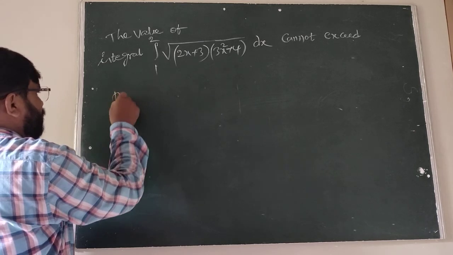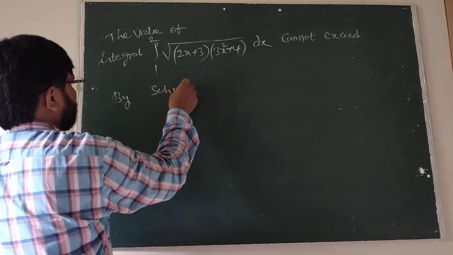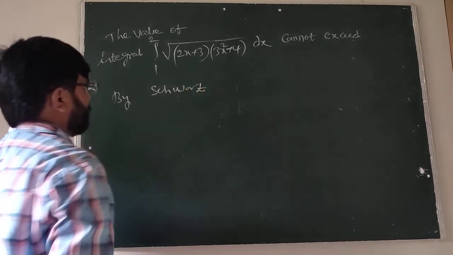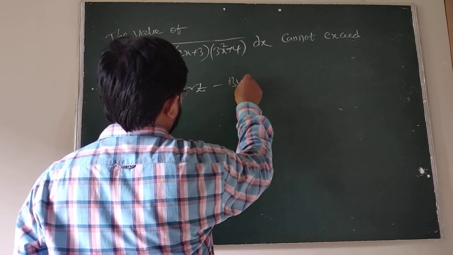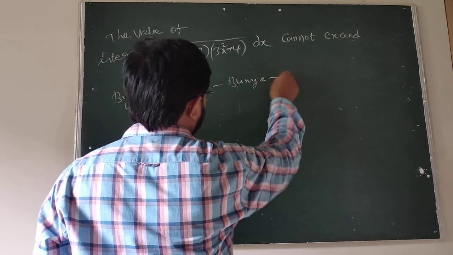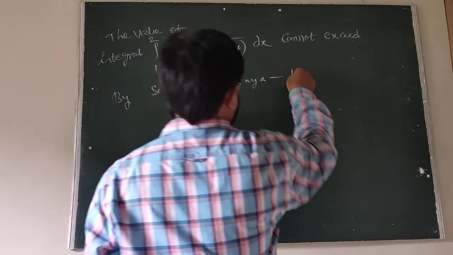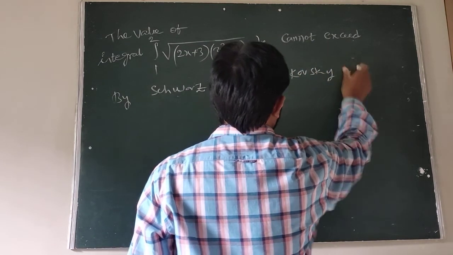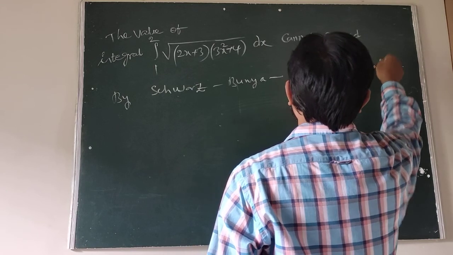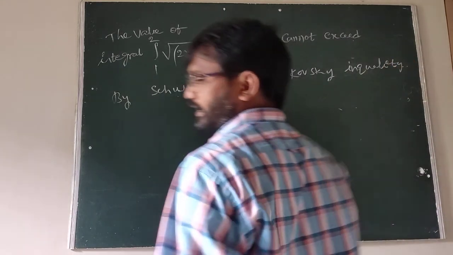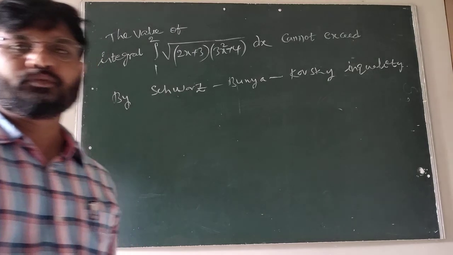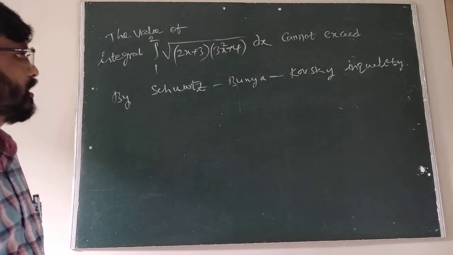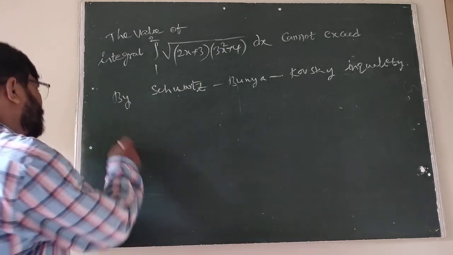That means by applying the Cauchy-Bunyakovsky-Schwarz inequality. Is it clear? What is the rule? By the Cauchy-Bunyakovsky-Schwarz inequality, what is that?